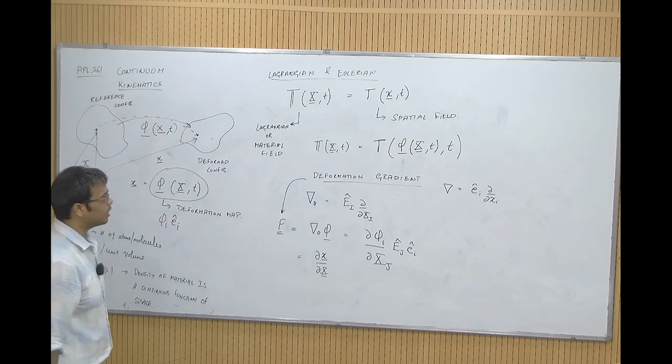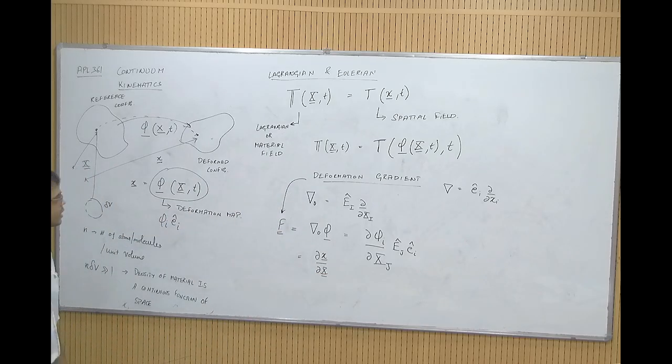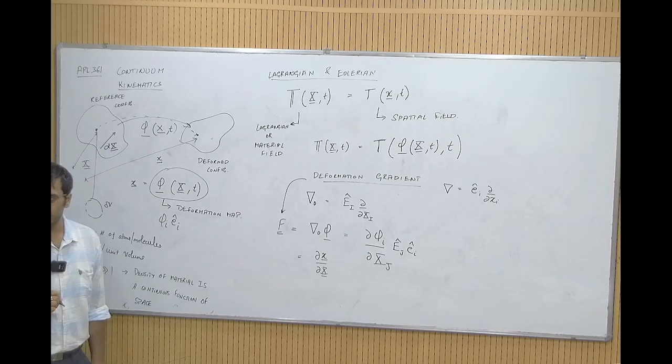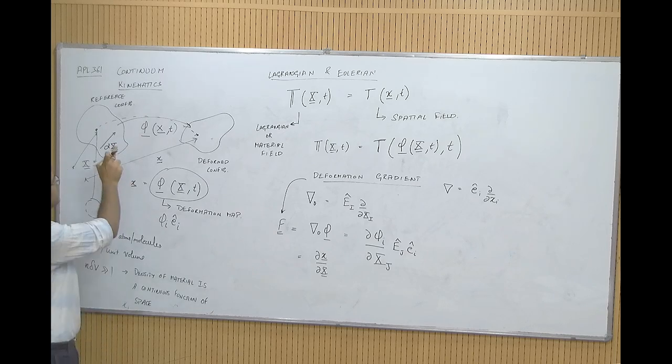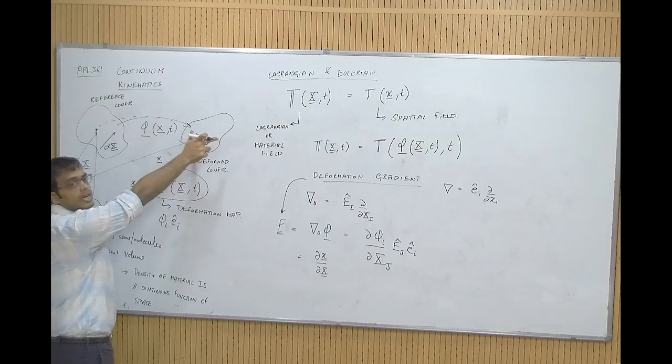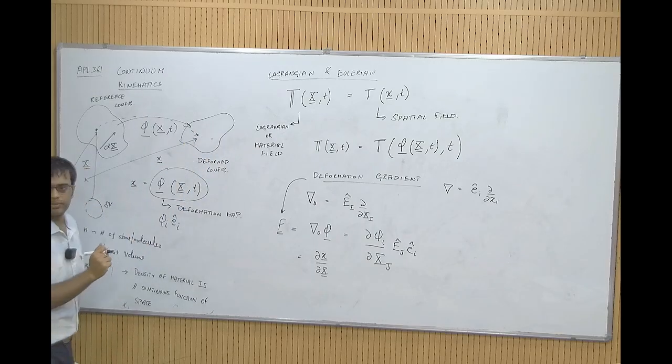And a way to think about the deformation gradient is that, let us say you have a line element dX in the reference configuration. How does this vector dX get mapped in the deformed configuration?